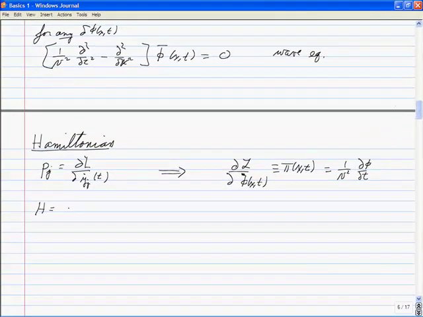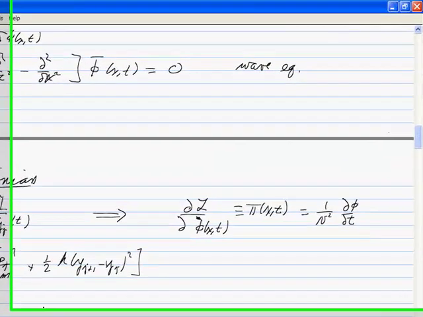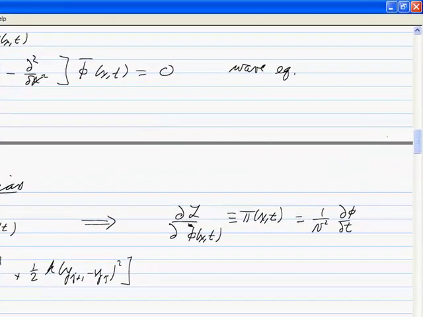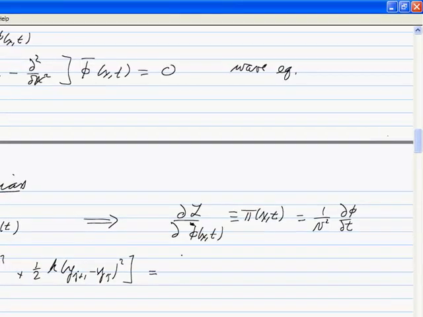The Hamiltonian was sum over j, p j squared over 2m plus 1/2 k times (y j plus 1 minus y j) squared. If we just go through the same set of steps, you can sort of see the answer. Let me just write it out for you.